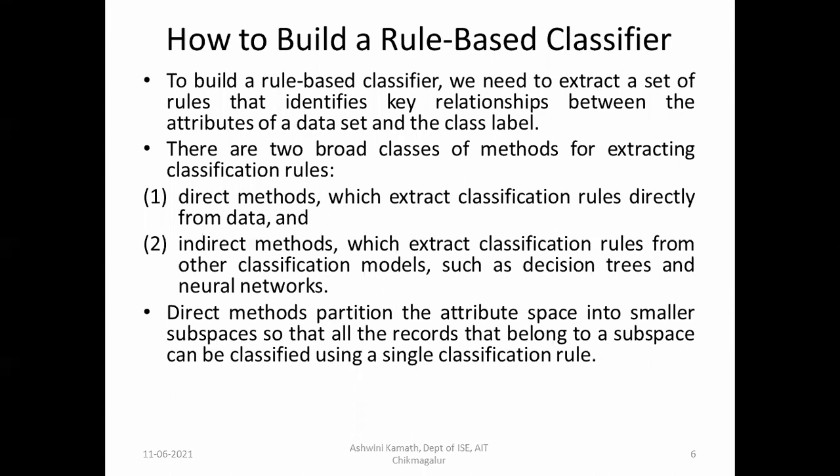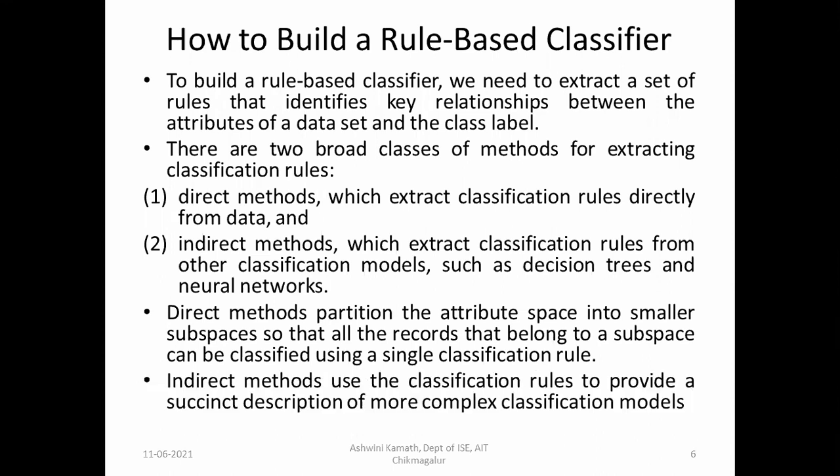Depending on that, the direct method will divide that attribute space into smaller subspaces, in such a way that the records can be classified using a single classification rule, based on the class label. Indirect methods use classification rules to provide a succinct description of more complex classification models. That is, depending on other classification models, it will decide. That is the indirect method.